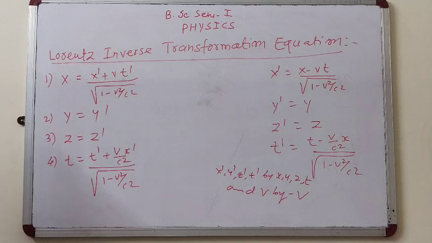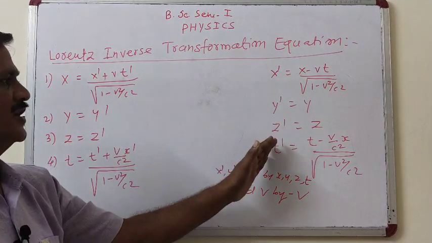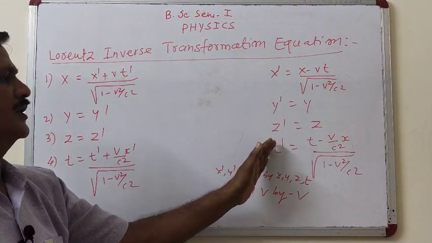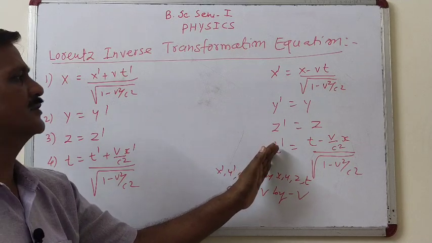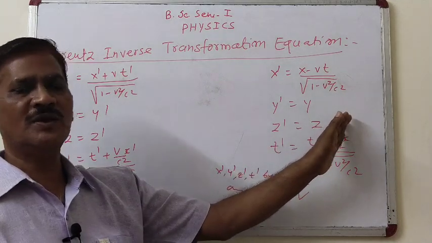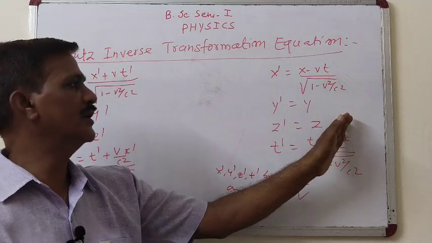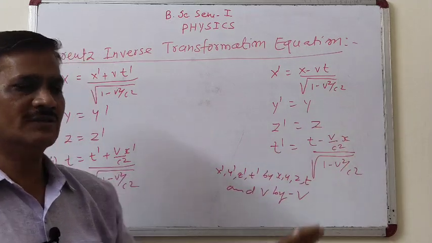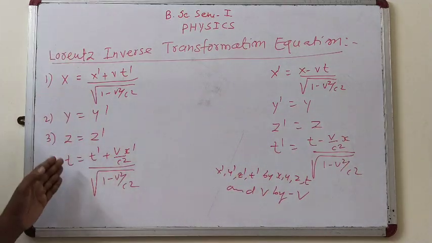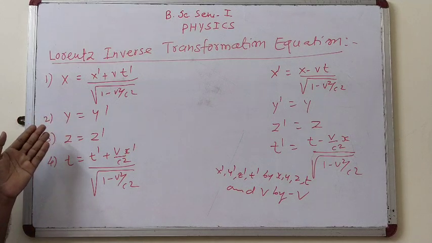What is the difference between the Lorentz transformation equations and the Lorentz inverse transformation equations? In the first, the space and time coordinates of point P with respect to frame S' are in terms of the space and time coordinates of point P with respect to frame S. Here it is reversed, therefore this is called the inverse.